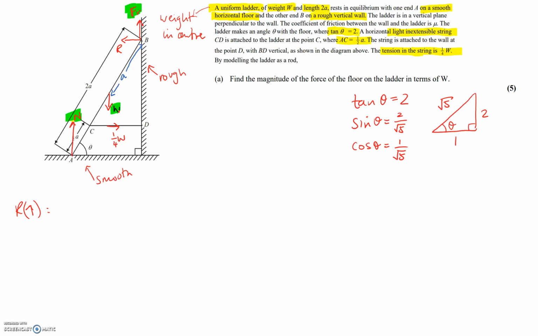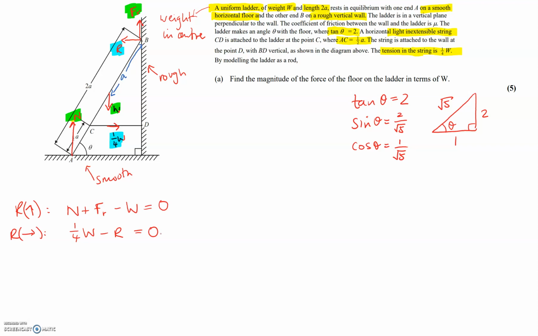If we resolve up, we can say N plus the frictional force minus the weight force equals 0 because it's all in equilibrium. If we resolve horizontally, the horizontal forces are this one and this one, so a quarter W minus R equals 0. Now you've got two equations with 4 unknowns, so we can't solve it like that.